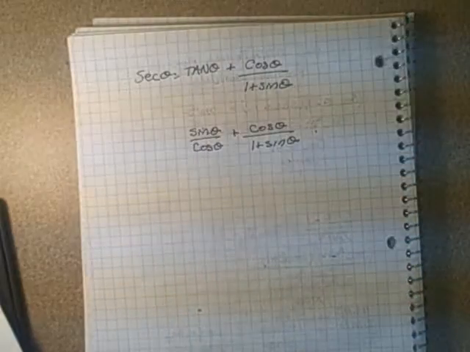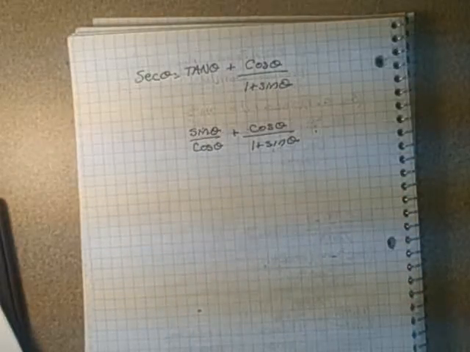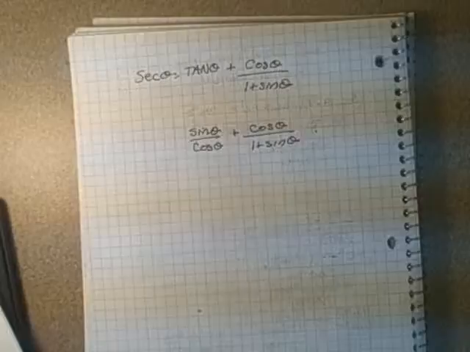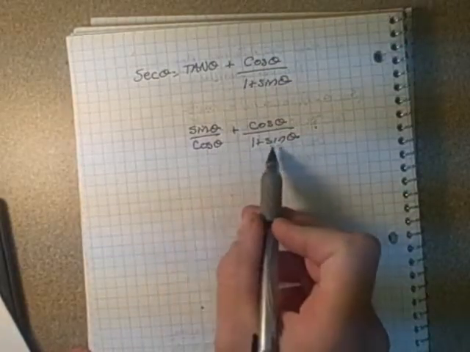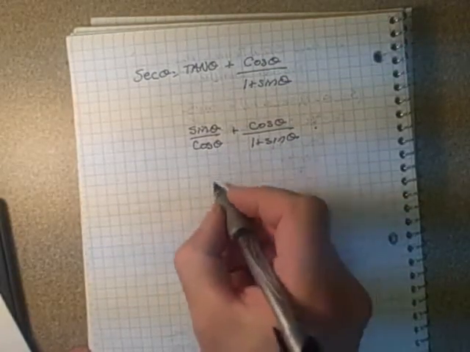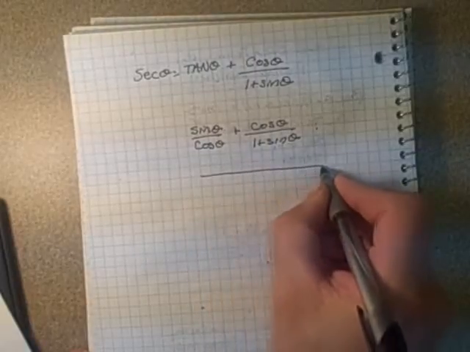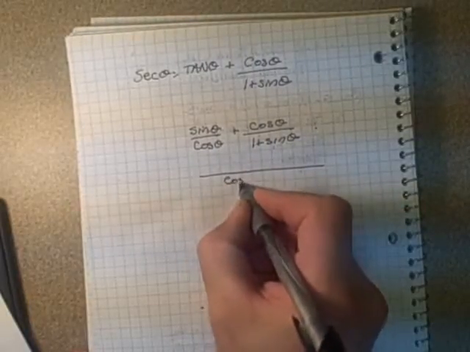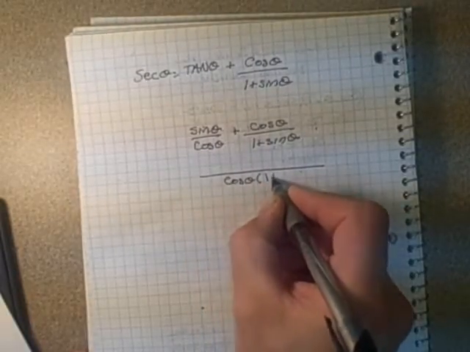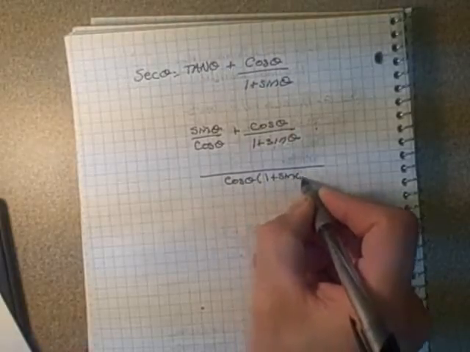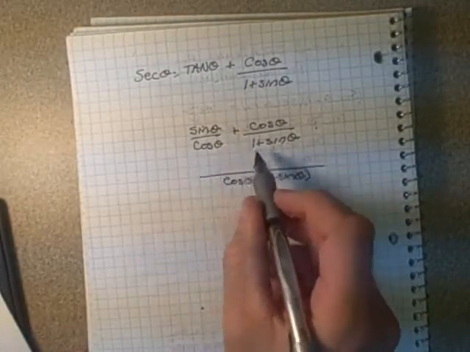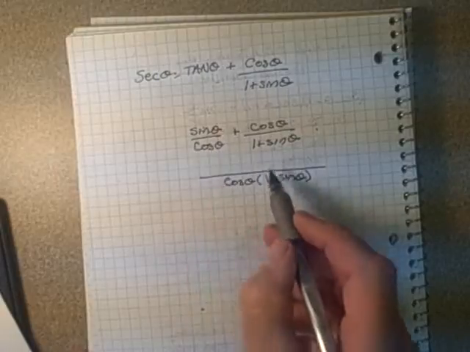So if I want to take this problem, now I simply have to add these two together by using common denominators. So the common denominator for both is the multiplication of cos theta times 1 plus sine theta. So what's missing here on the top? This one has cos, but it doesn't have this one.